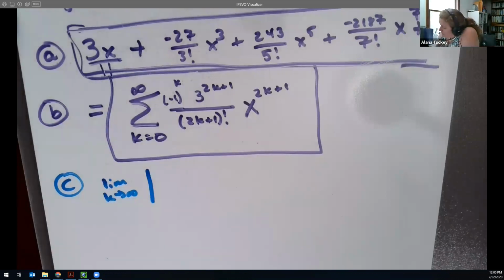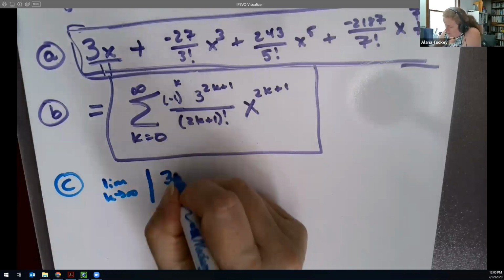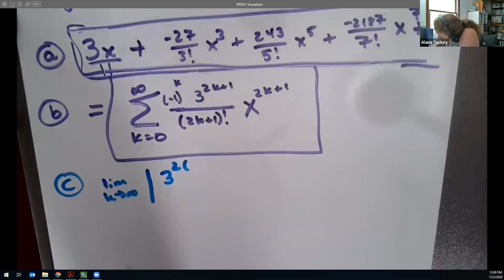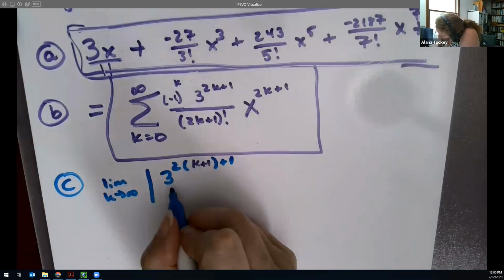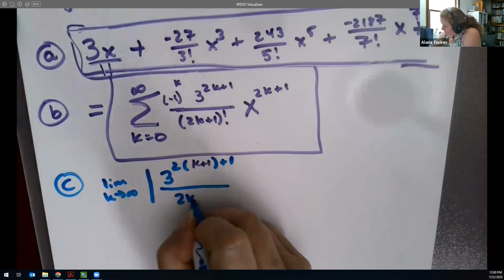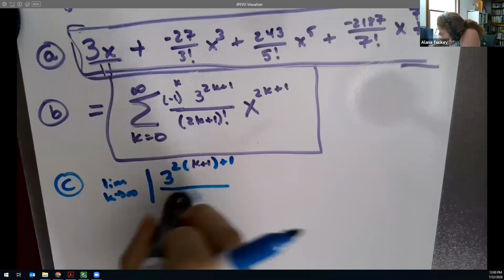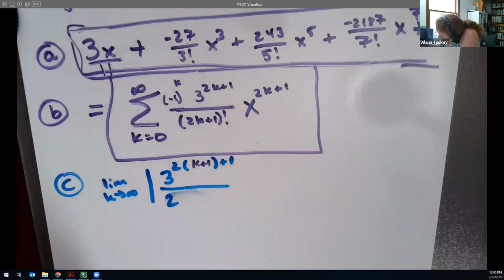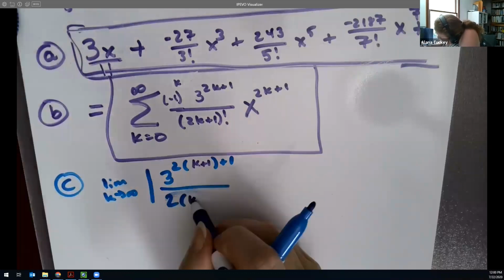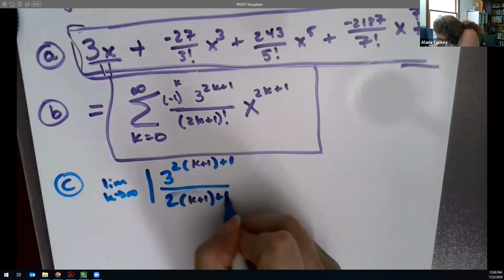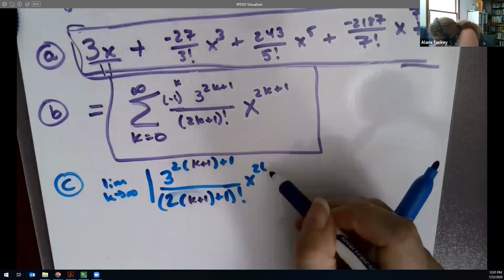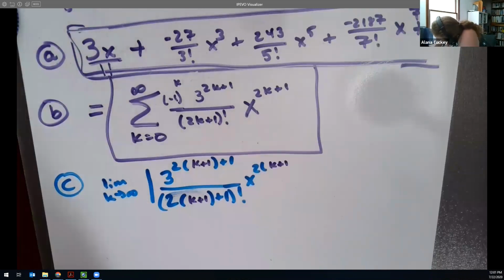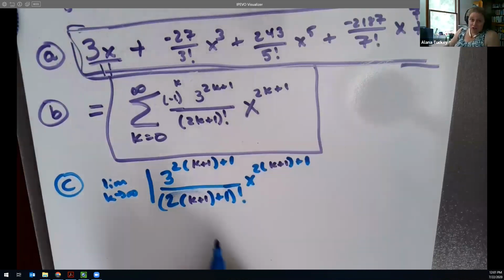All I care about is this: 3 to the 2 times k plus 1, plus 1, over 2 times k plus 1, plus 1 factorial, times x to the 2k plus 1, plus 1. All of that is just the first part of it.